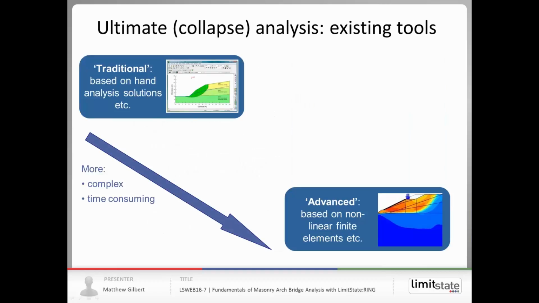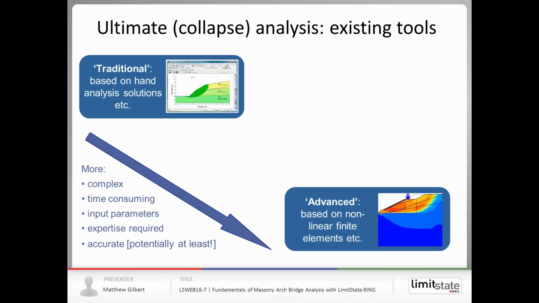Okay, so we just focus on ultimate or collapse analysis. The reason we came into the field, albeit quite a number of years ago now, was because existing tools we felt were not serving the market well enough. There are two basic types of tool.